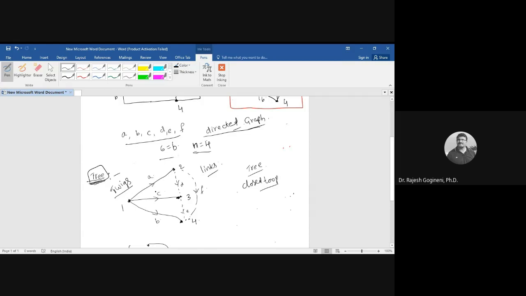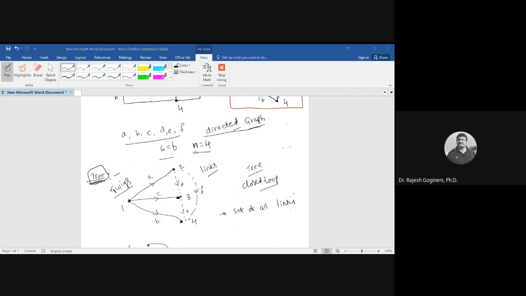So a tree means a set of branches which consist of all the nodes but no closed loops. What are the links? Links are the branches which form a closed loop for a tree.